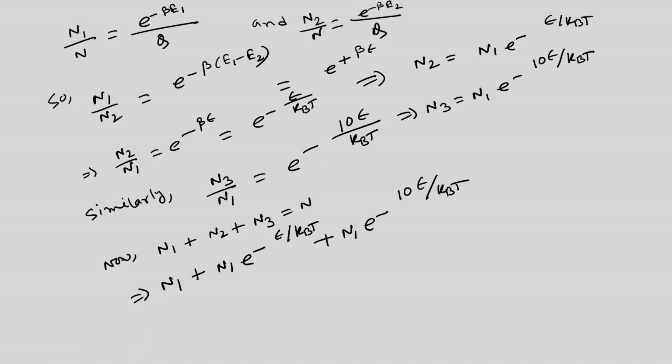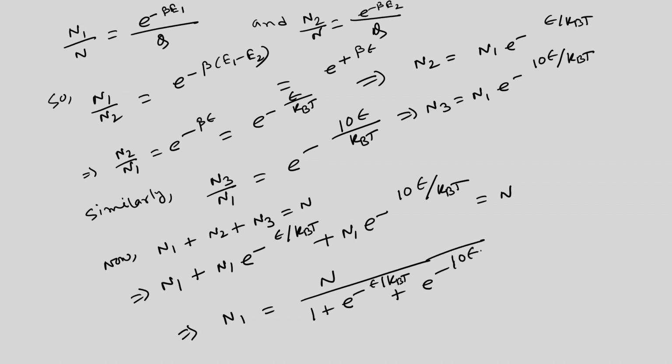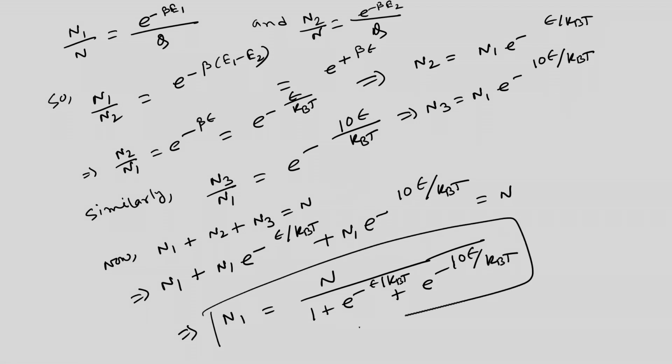Okay. So, this is the expression we have got, and if we further simplify, we get the value of N1 as N by 1 plus e to the minus epsilon by kBT plus e to the minus 10 epsilon by kBT. So, this is the value of N1.